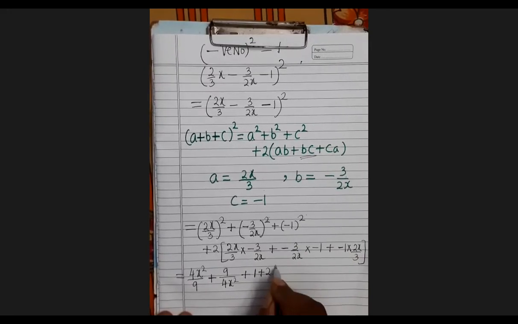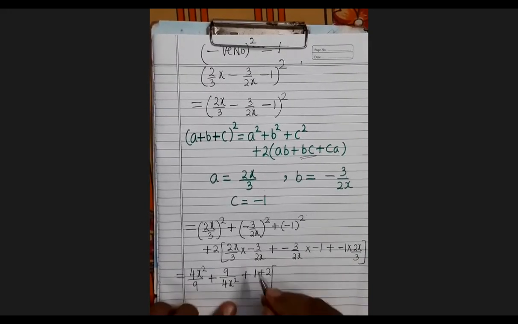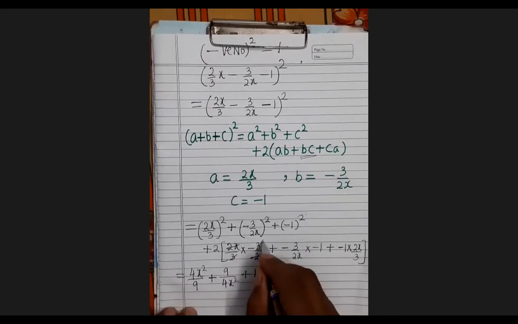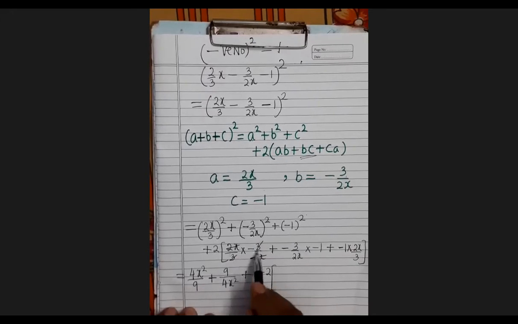Then you simplify the bracket. 2x and 2x cancel, 3 and 3 cancel. What will be left here? Who will tell? Can you tell me?